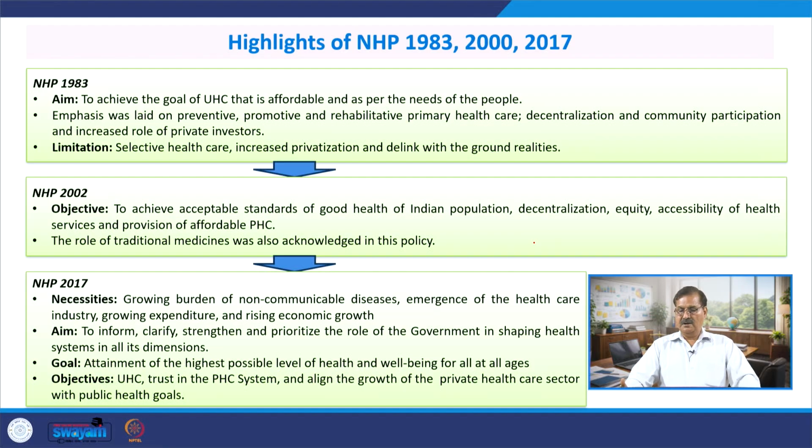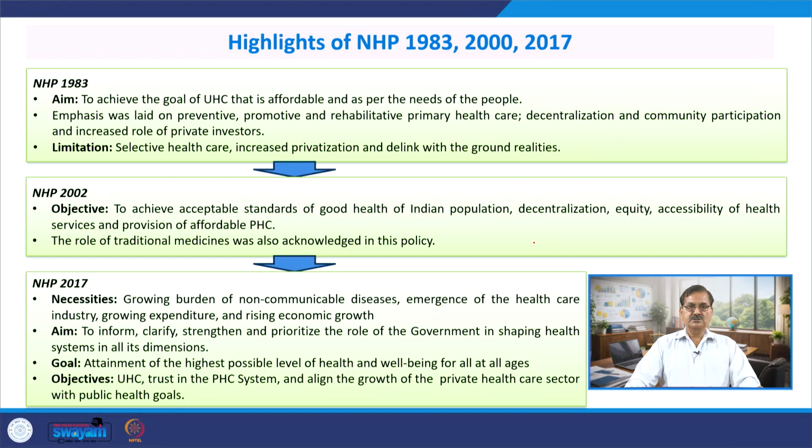So, depending upon the people's demand, the healthcare services should be provided and it should be universal without any discrimination. Every member of the society should have access to healthcare services. It also emphasizes preventive, promotive, and rehabilitative primary healthcare services, decentralization and community participation, and an increased role of private investors.